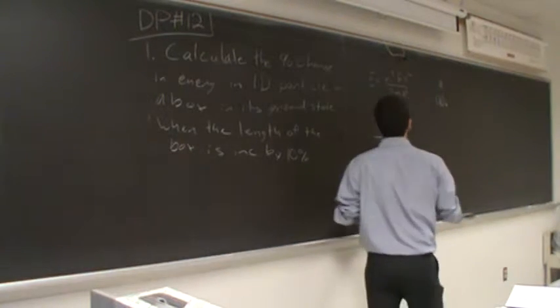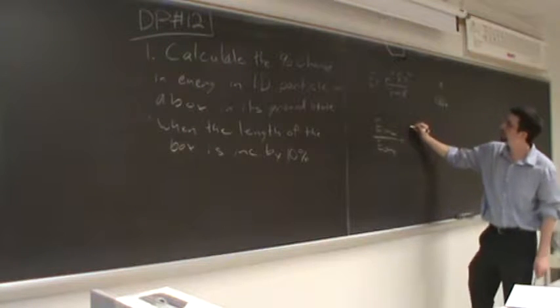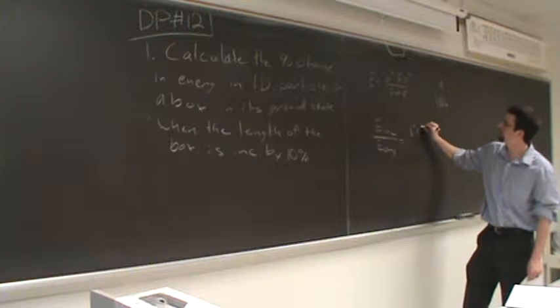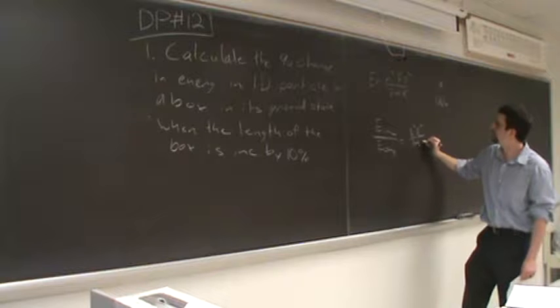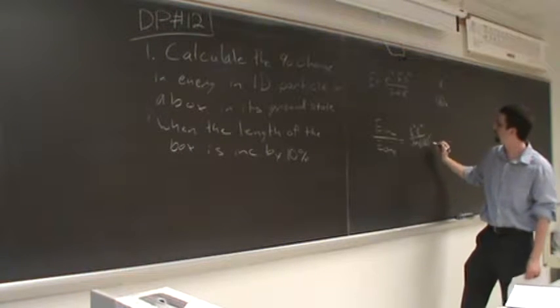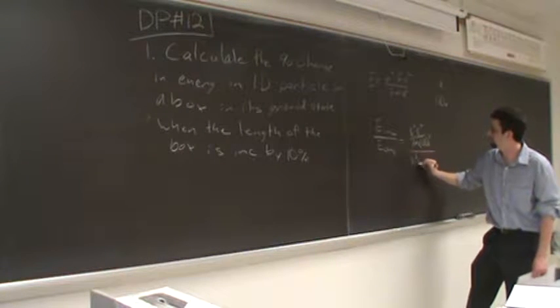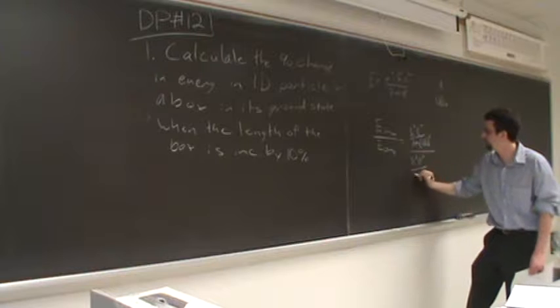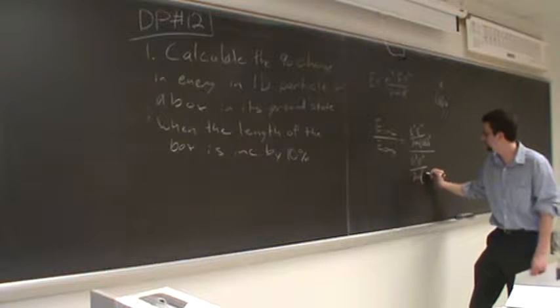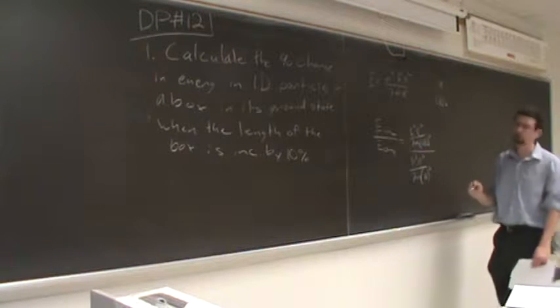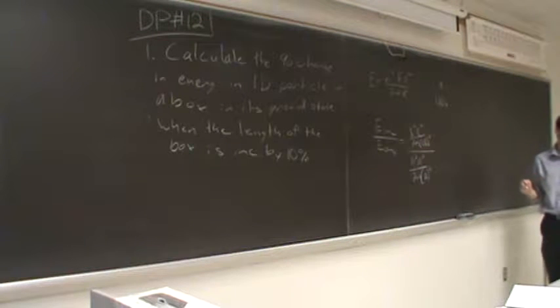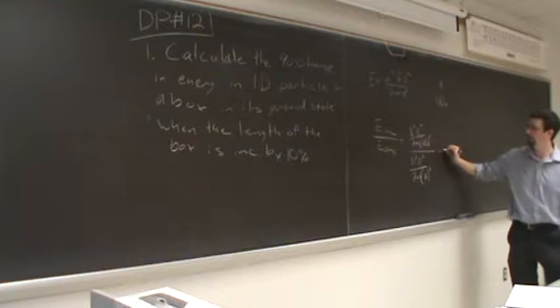So what we find is we have 1 squared, h bar squared, pi squared, all over 2m times (1.10a) squared, all divided by the same thing over a squared, right? What's going to cancel out? A whole lot of stuff, a bunch of junk.